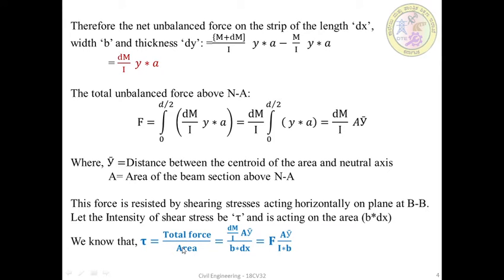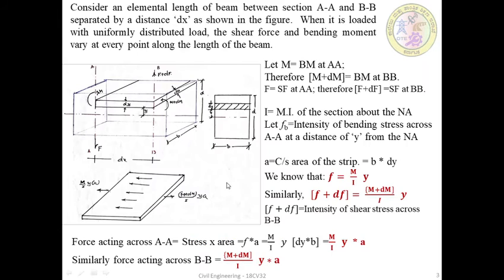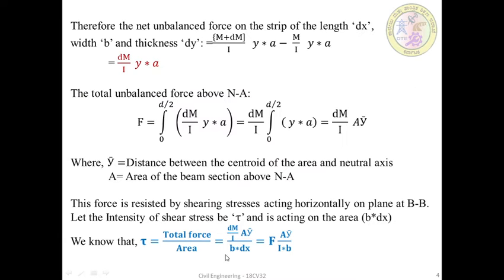So the force is dM divided by I into A y bar, and the area is b into dx, where b is the breadth and dx is the elemental length. Nothing but tau is equal to V A y bar divided by I b. This is the expression for shear stress, which acts tangential to the cross section of the beam.